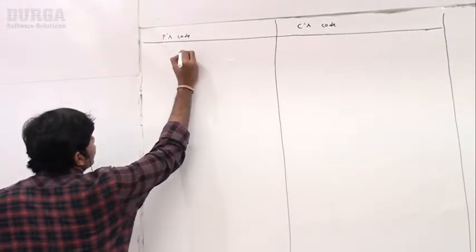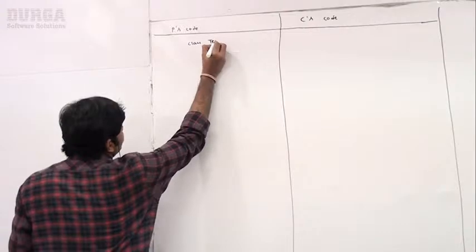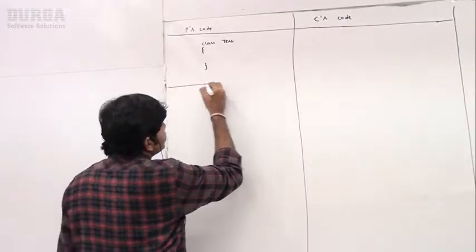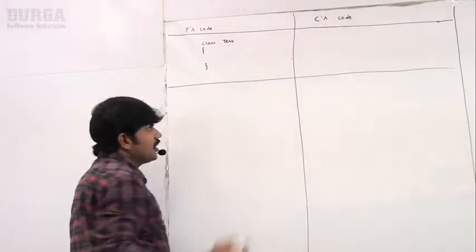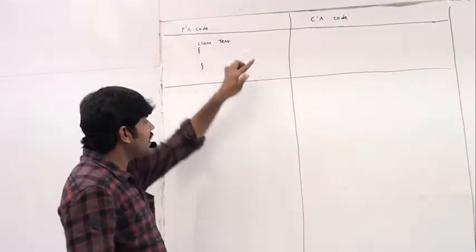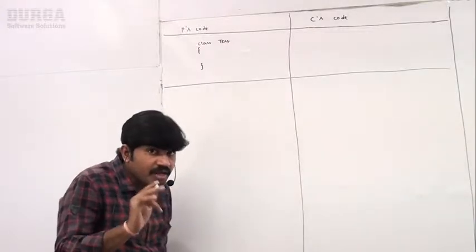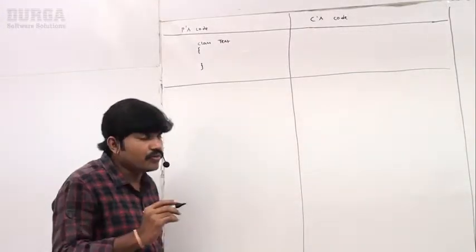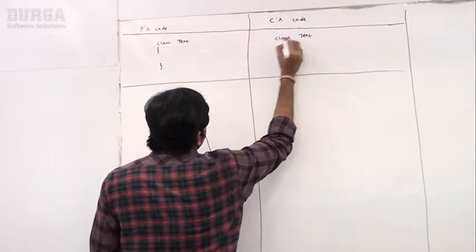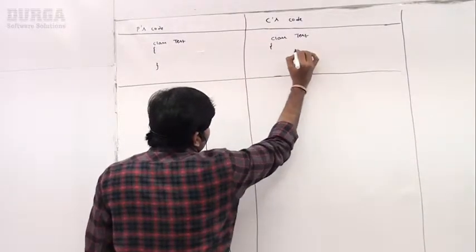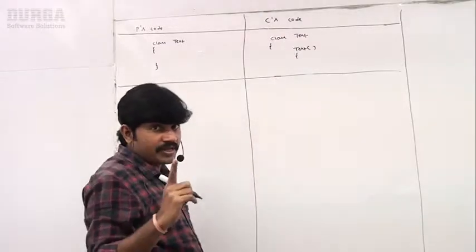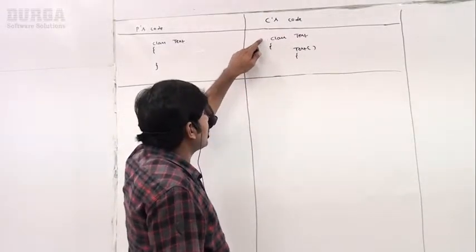Here I am writing class test. In this case, will the compiler generate any code? Yes, because we are not writing any constructor, the compiler will always generate a default constructor. The access modifier of the default constructor is the same as the class modifier.